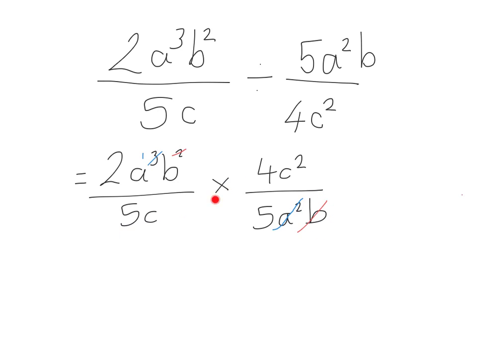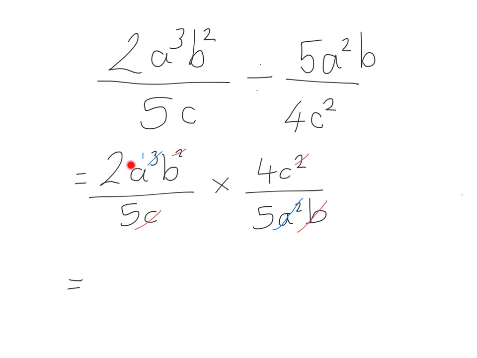Looking at my other diagonal, my numbers first, 4 and 5, can't do anything with that. Looking at my letters, c and c squared, I can cancel c with one c there. Now I need to read this really carefully.